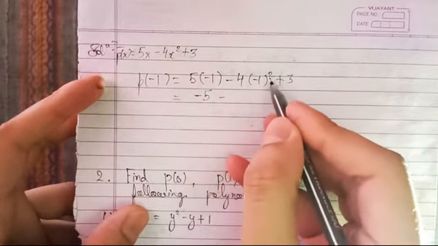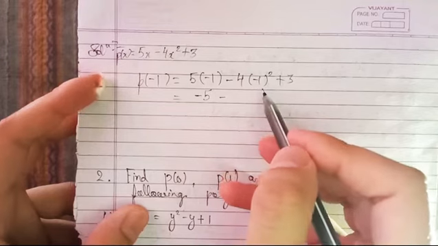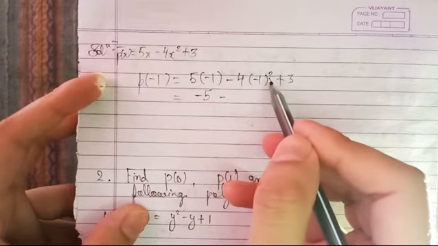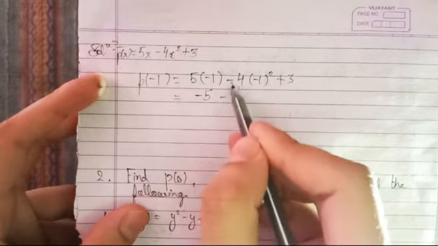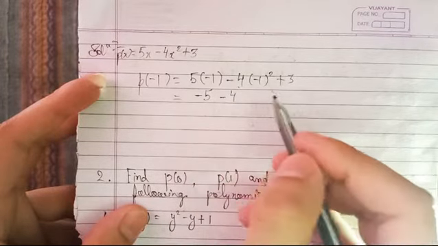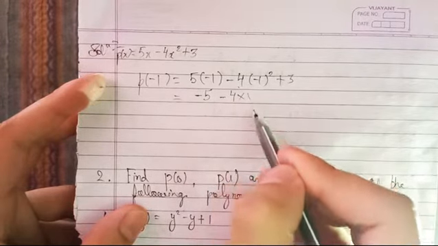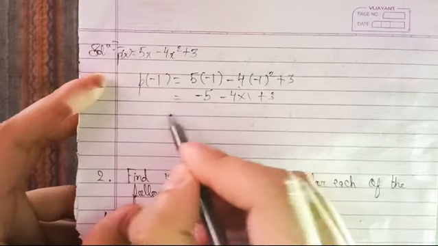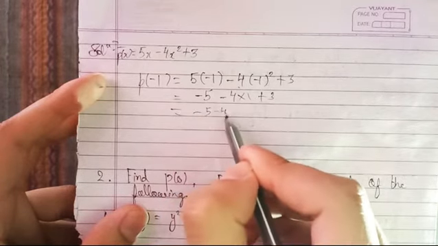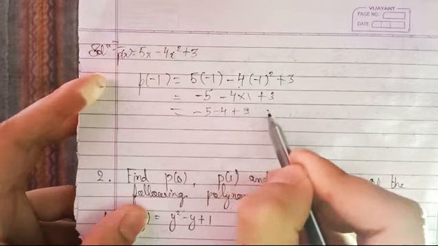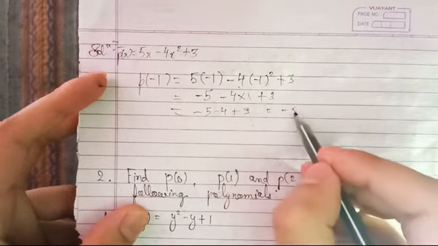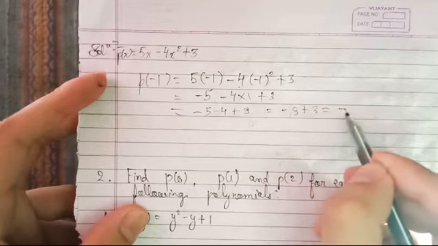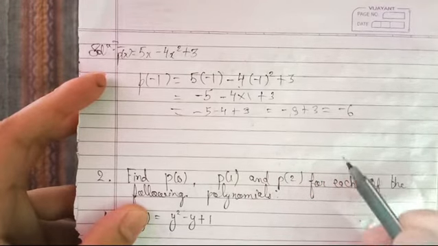Minus 4 into minus 1 square: square of minus 1 is positive 1, and the negative sign remains as it is, so it will become minus 4 into 1, plus 3. So minus 5 minus 4 plus 3.